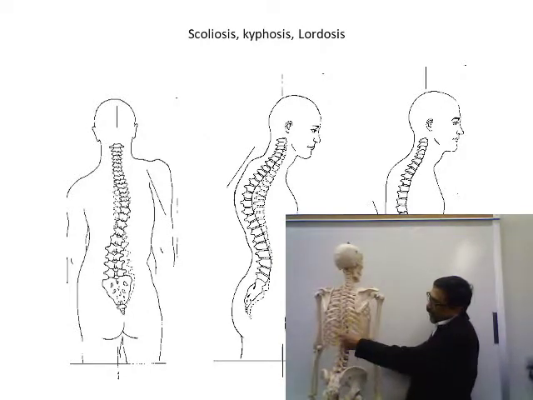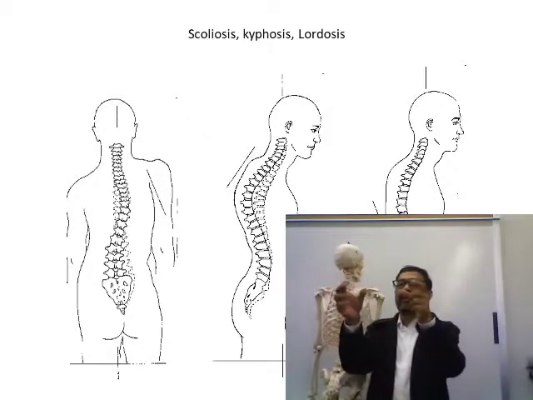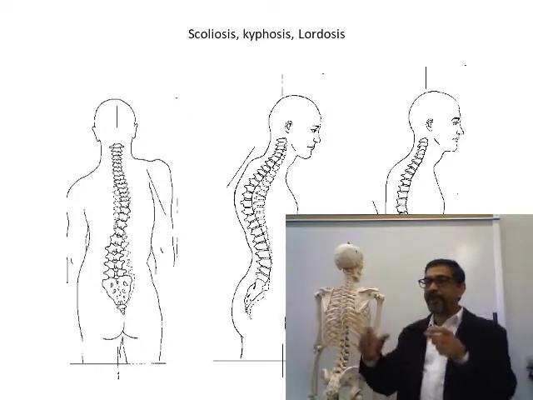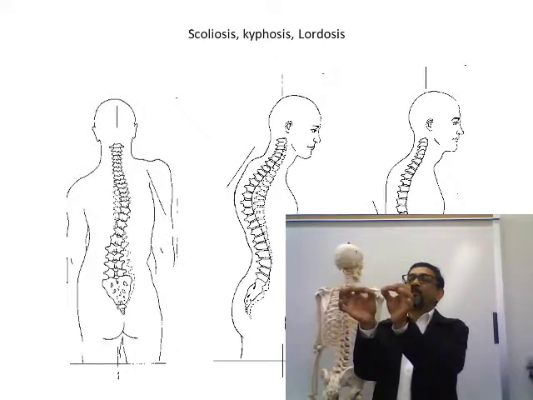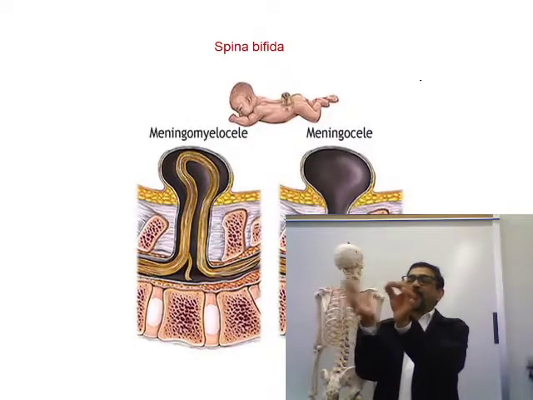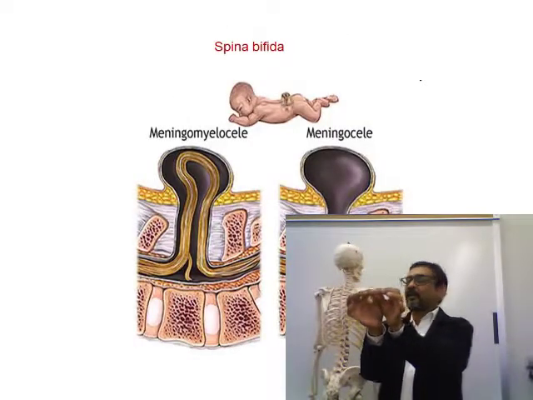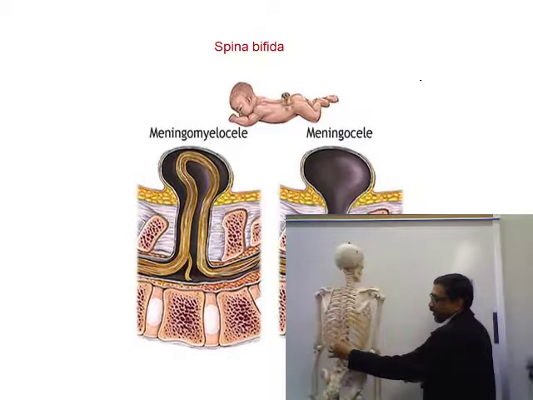During the formation of a vertebra, the bone forms from 2 points, 2 centers. From 2 points the vertebra is formed, and 2 halves join together to form the vertebra.